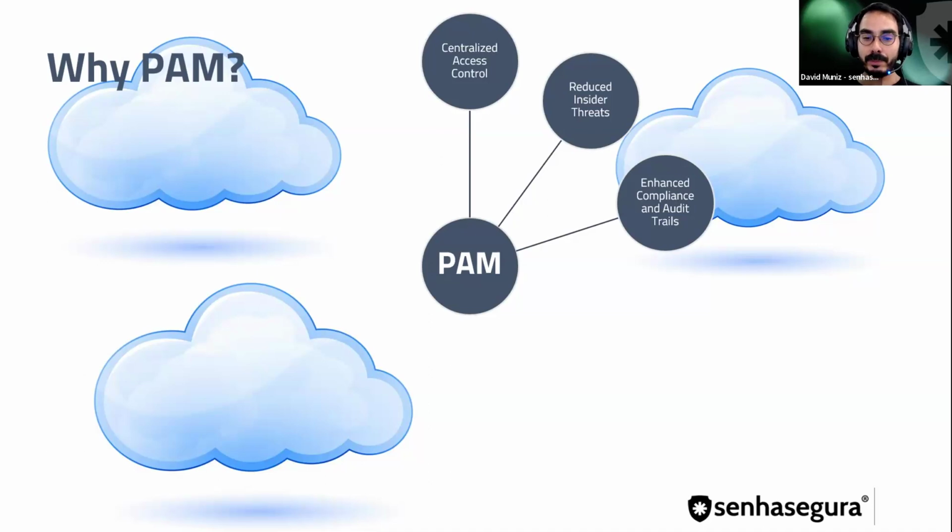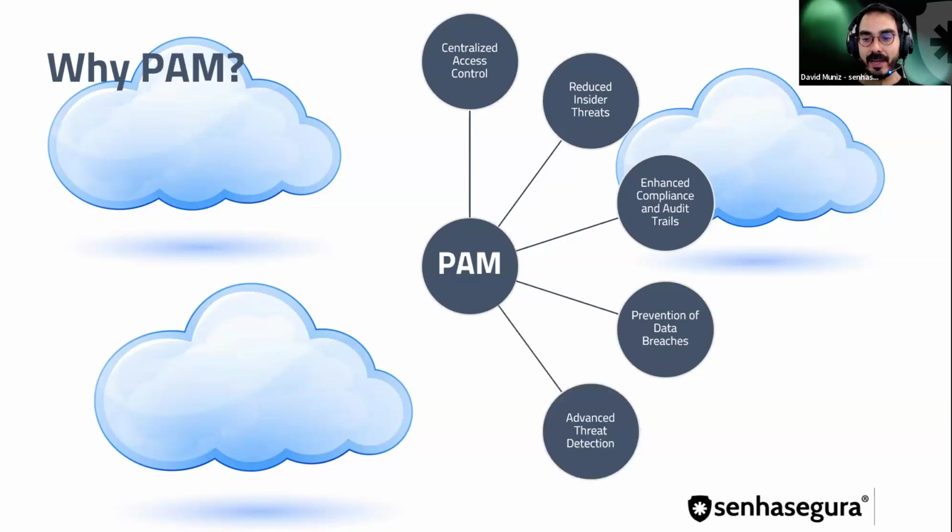PAM also offers detailed audit trails and logs of every privileged activity, which is crucial for data protection regulations. We also have prevention of data breaches. By using PAM controls, organizations can prevent unauthorized access to sensitive data stored in the cloud and reduce the risk of data breaches.